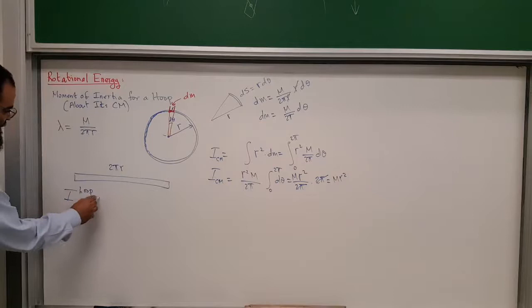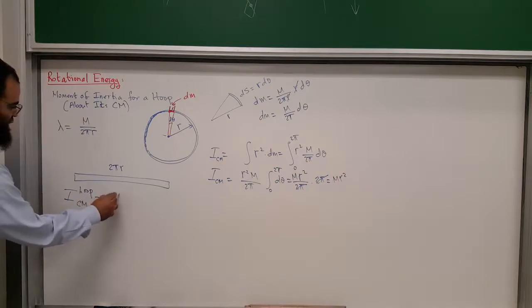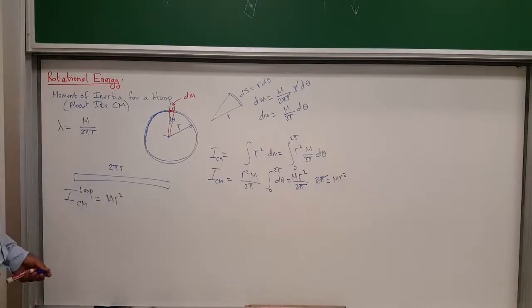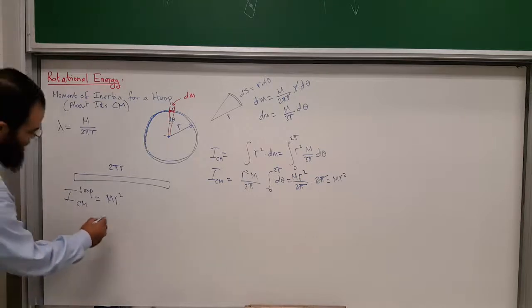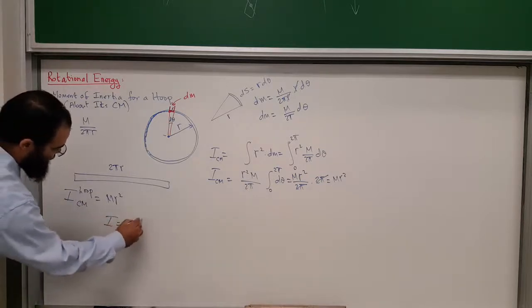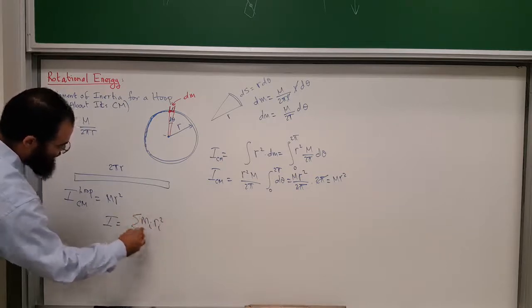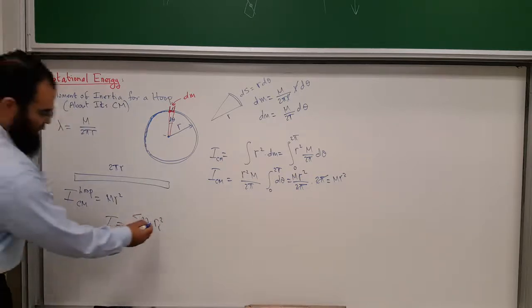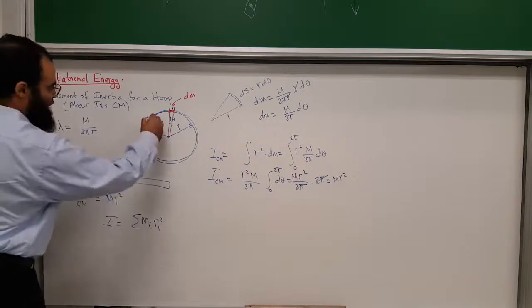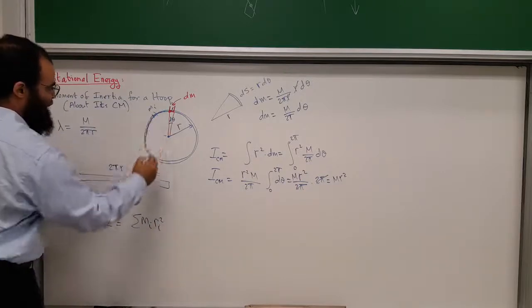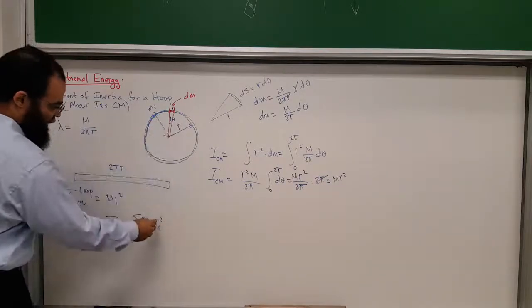the moment of inertia about its center of mass is just m r squared, which makes sense, because by definition the moment of inertia, let me put it in summation form, is the sum of m_i r_i squared. But each mass m_i is located at exactly r; r doesn't change.